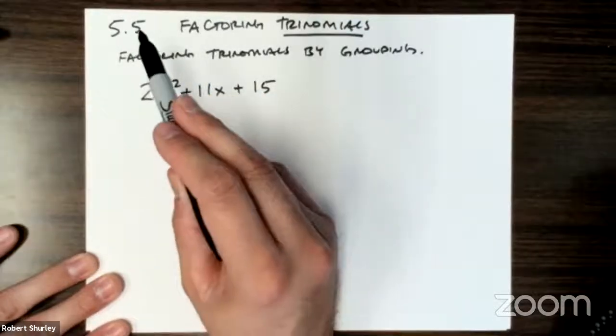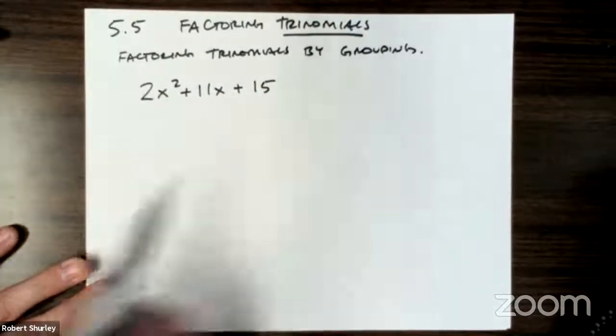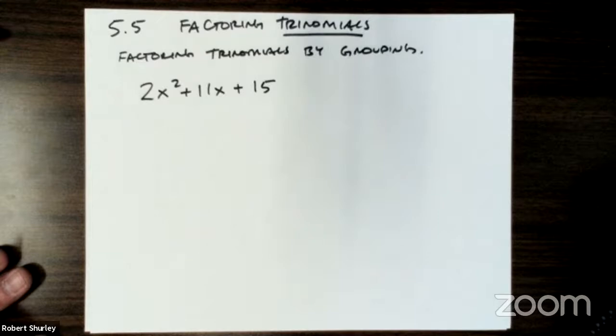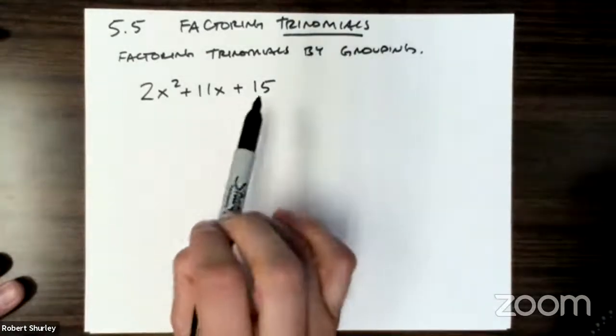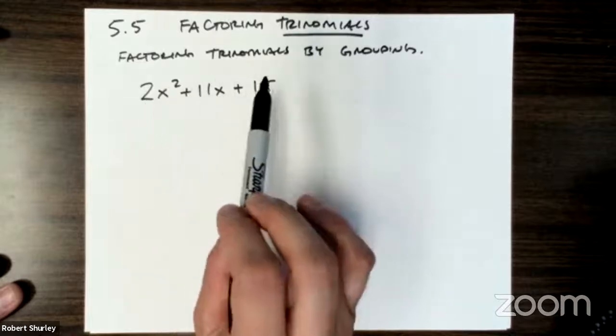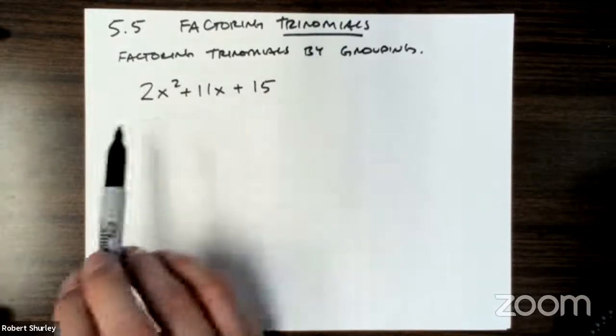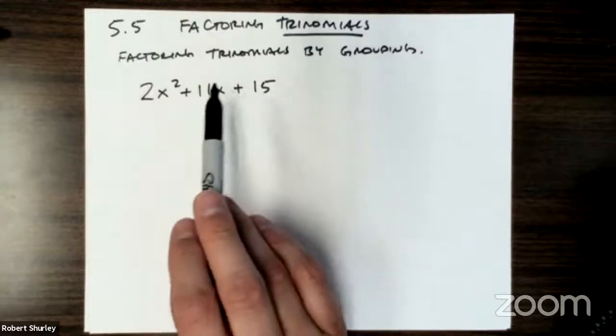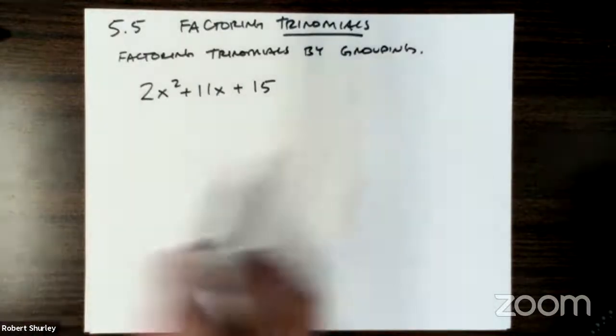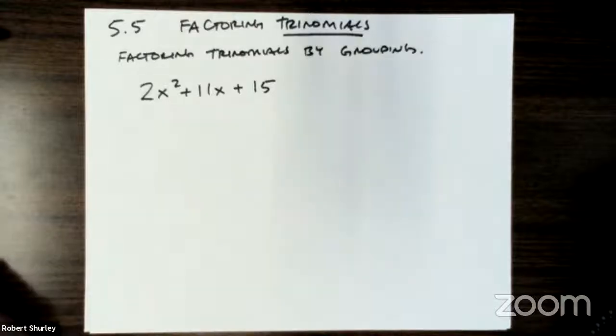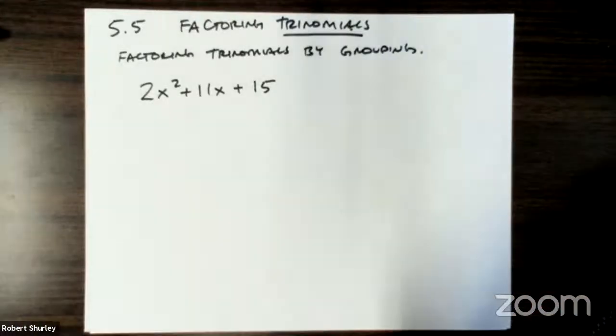The whole goal here is to factor this trinomial. The very first step, no matter what, is to see if we can factor something out. 2x squared, 11x, and 15, there's nothing we can factor out of the trinomial. That was a 5.4 topic at the very beginning, right? See if there's a GCF. So check 1, no GCF.